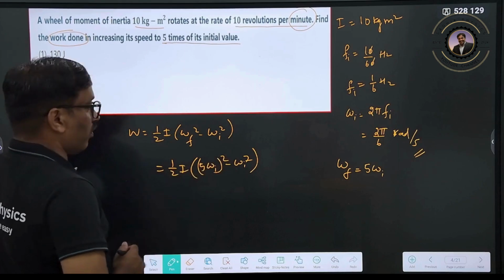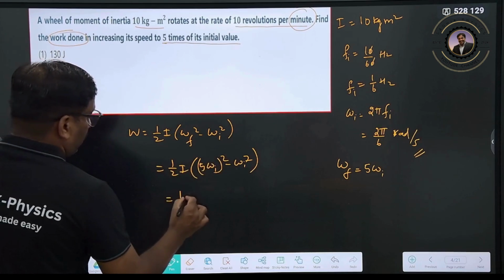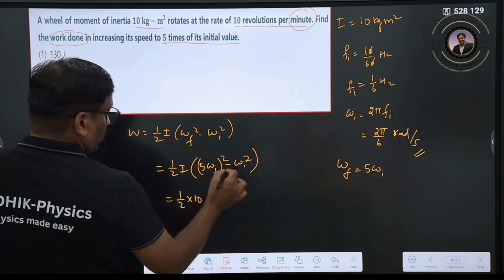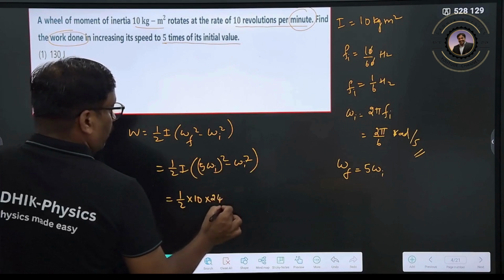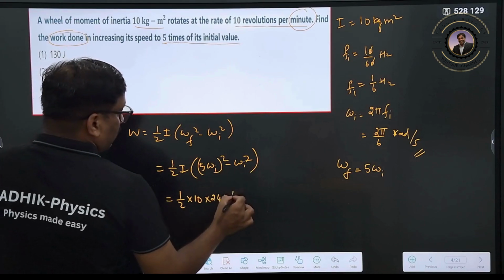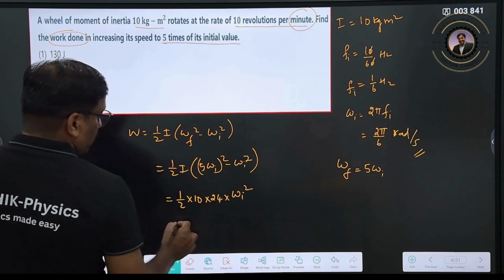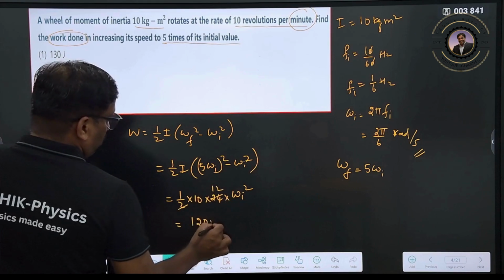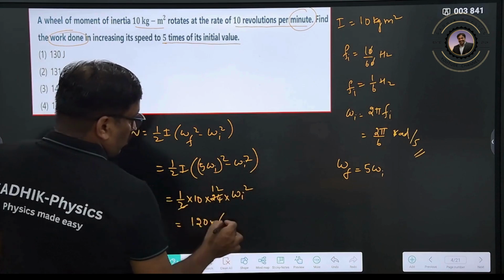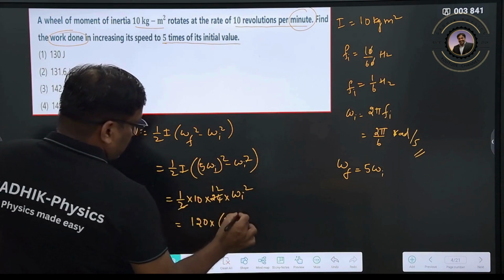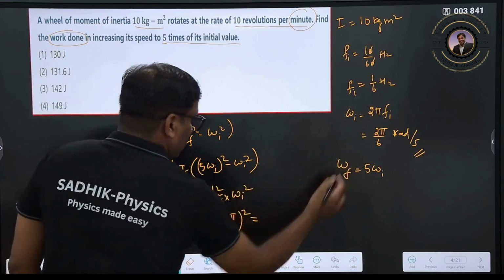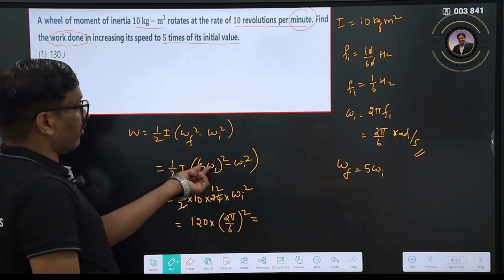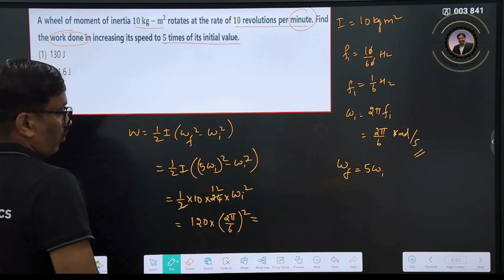Clear? So here you can rewrite it as 5 square, 25 minus 1, 24. Therefore 1 by 2, moment of inertia is 10 in SI units, into 24 into omega initial square. Therefore it is 12, so 120 times omega initial square, which is 2 pi by 6 whole square. How did we get 24? 5 square is 25 minus 1, therefore 24.